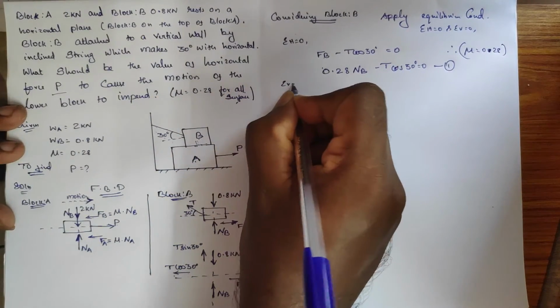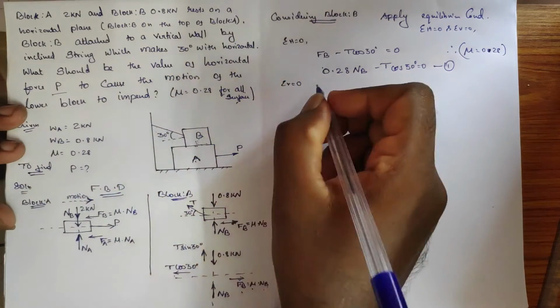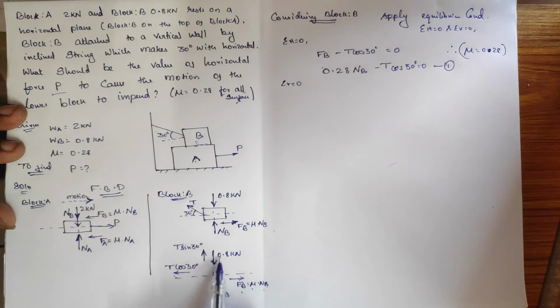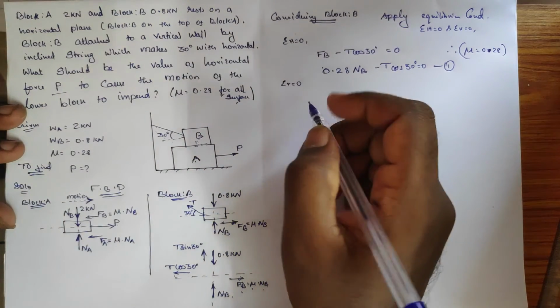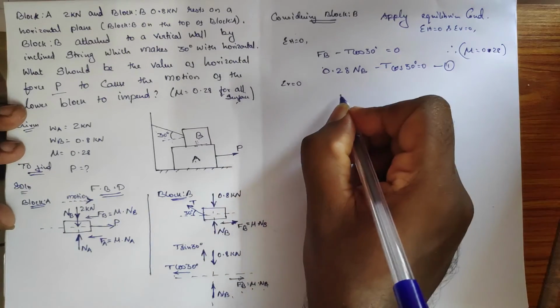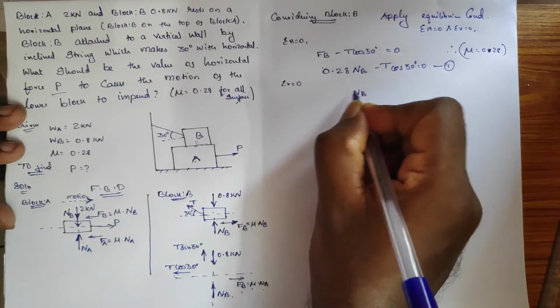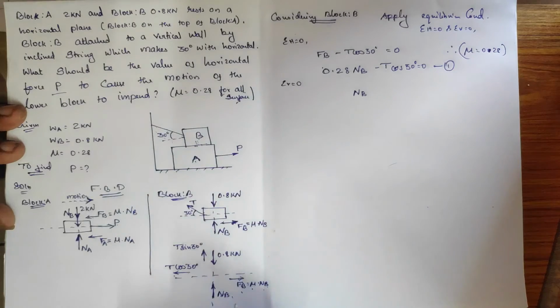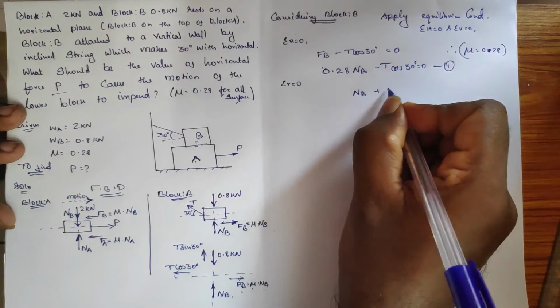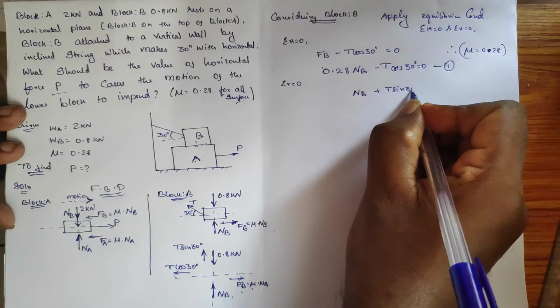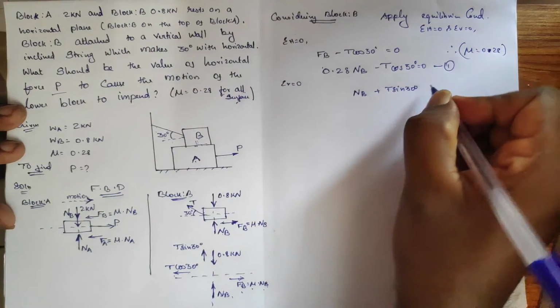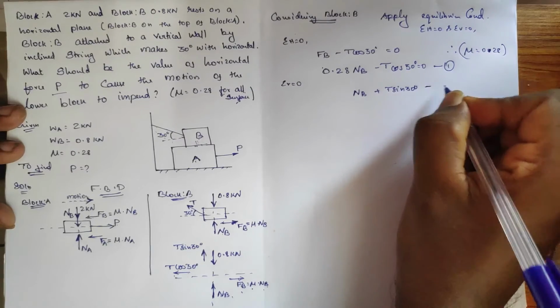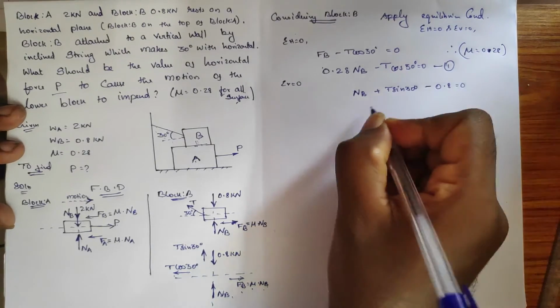Then sum of vertical force is equal to 0. If I put it down, here the vertical force 0.8 kilonewton and NB and T sin 30 degree. Upward force is a positive, so here NB, which is upward force positive, and the tension force which is acting upward, that also positive, T sin 30 degree, and then 0.8 the self weight which is downward, so which is negative 0.8 which is equal to 0.